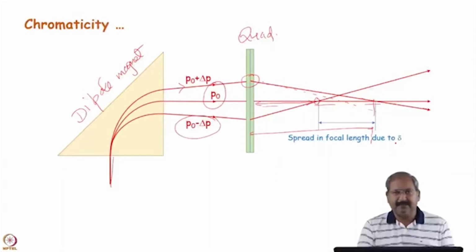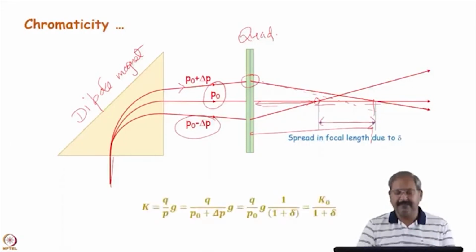This means the beam contains a spread in momentum, and then the quadrupole will produce a spread in the focal length, and this spread in the focal length was the main cause for generating the chromaticity. Now for an off-momentum particle, what should be the strength of the magnet?